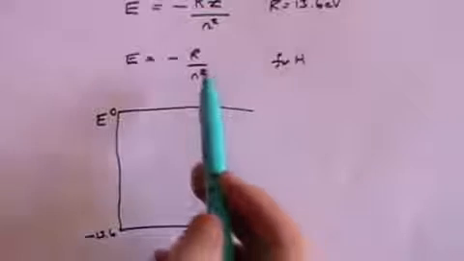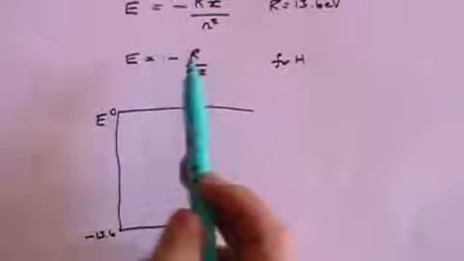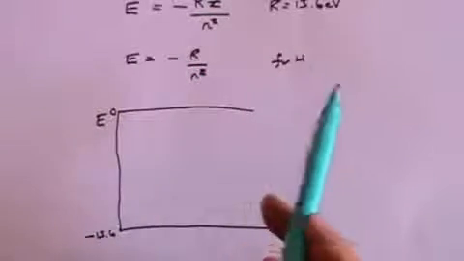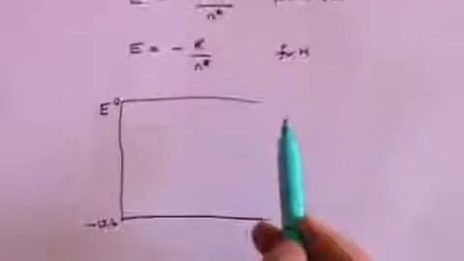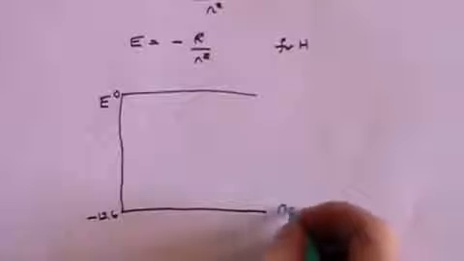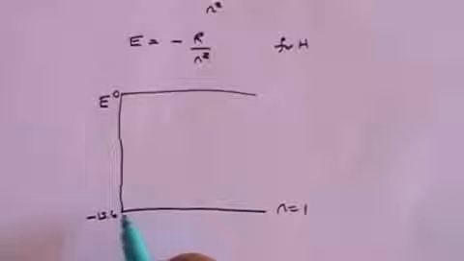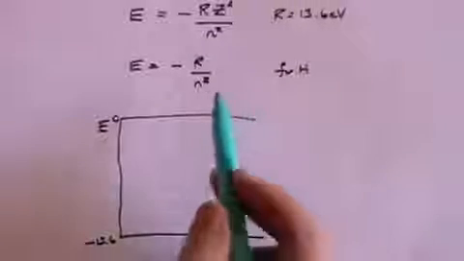Then when n is 1, E equals minus R, and R is 13.6. So when n is 1, E is minus 13.6.